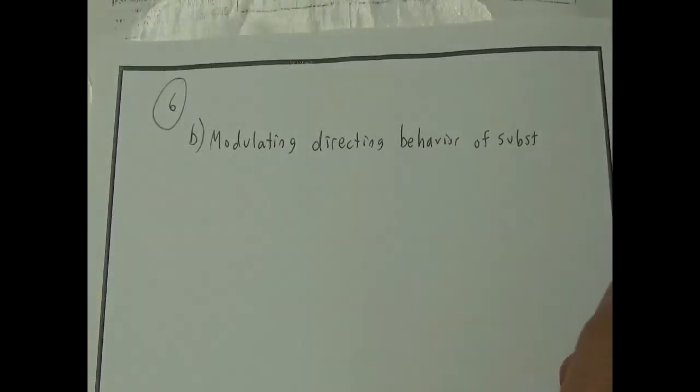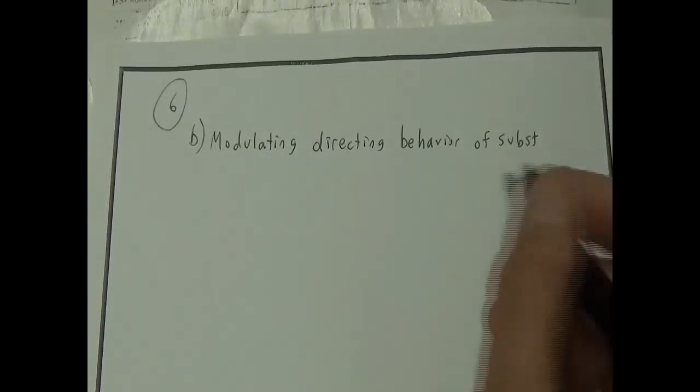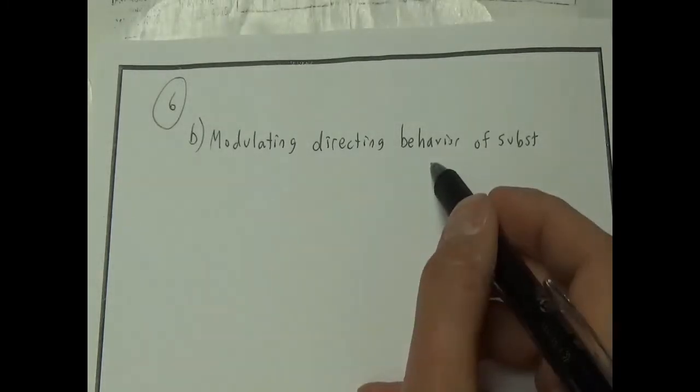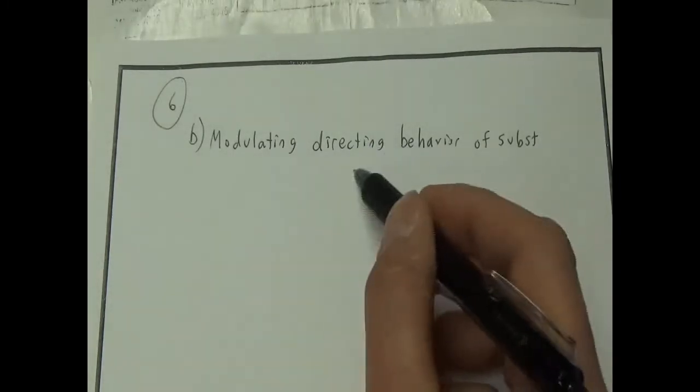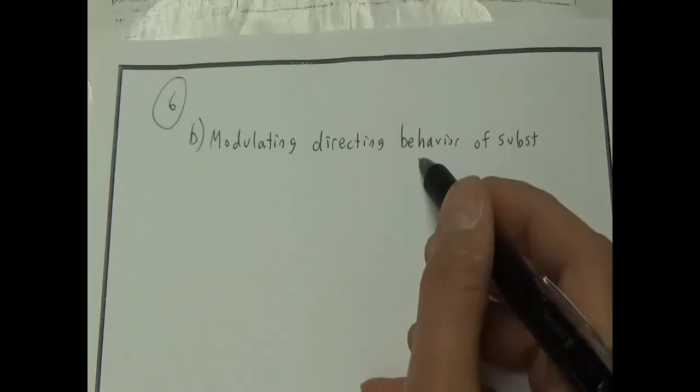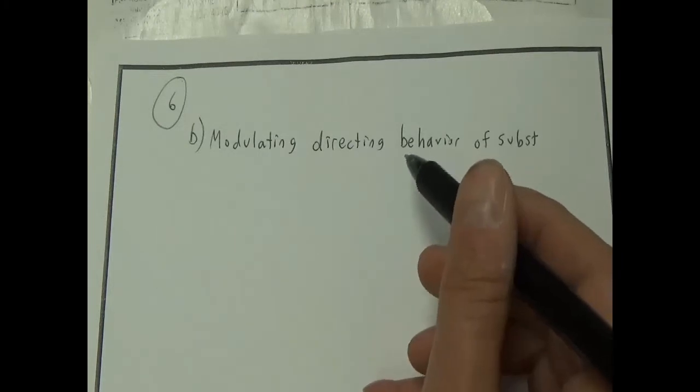Modulating the directing behavior of a substituent. What that basically means is, if something is an ortho-para director, I can do some magic stuff to convert it maybe to a meta director, which is pretty cool. Alright. What's an example of this?